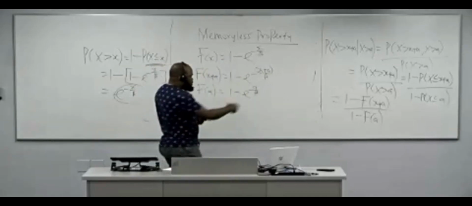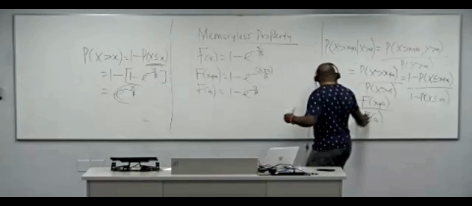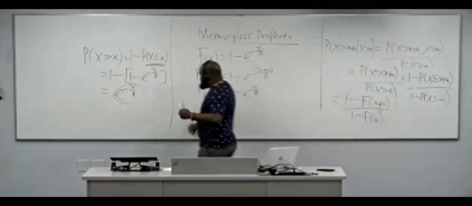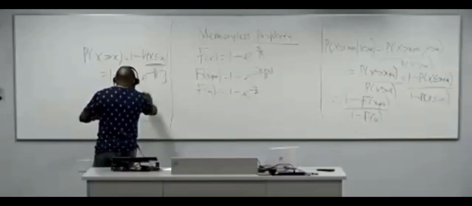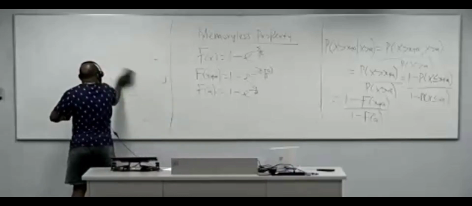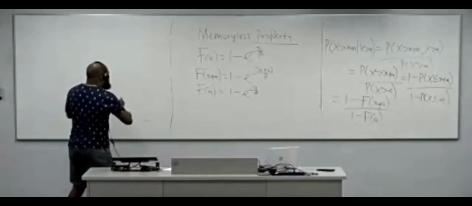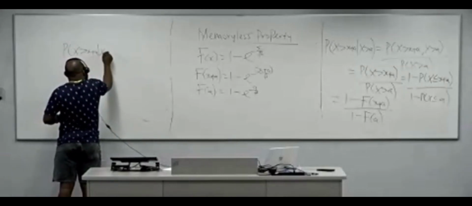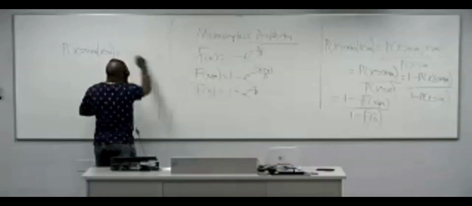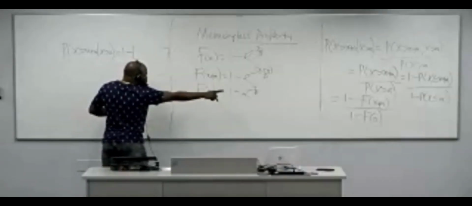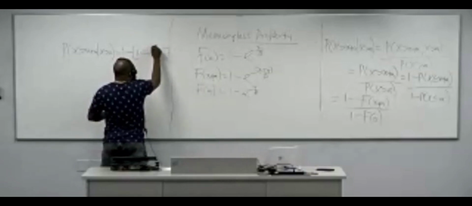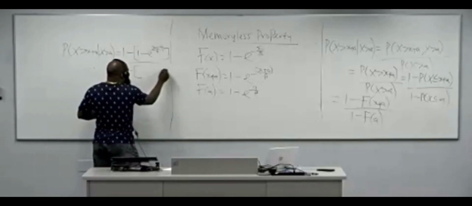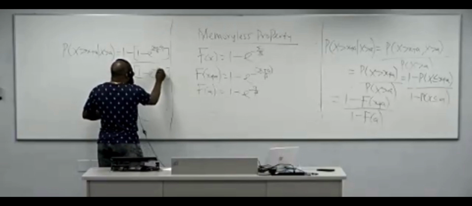Now if you plug that in here and continue, the probability of S greater than x plus a given S greater than a will now be 1 minus (1 minus this), divided by 1 minus (1 minus that).